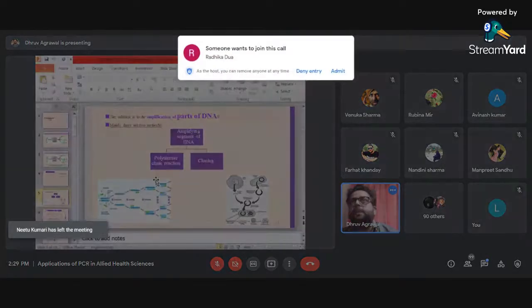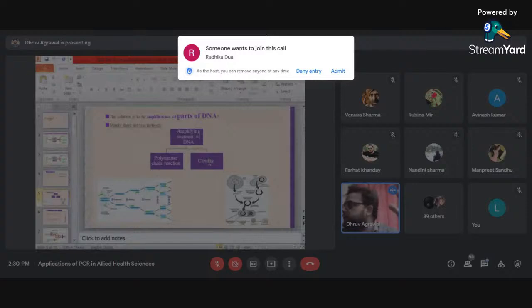Okay. So now for amplifying a particular part of the DNA, you may proceed in two ways. Either you can go for the polymerase chain reaction or you can go for cloning, when you need bulk amounts or multiple copies of a specific gene fragment or DNA fragment, right? Cloning is a tedious job. It is not an easy task. You take the whole, larger fragment of DNA and cut it with molecular scissors, that is restriction endonuclease enzymes, right?